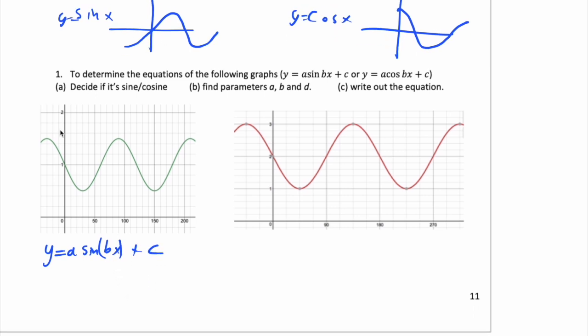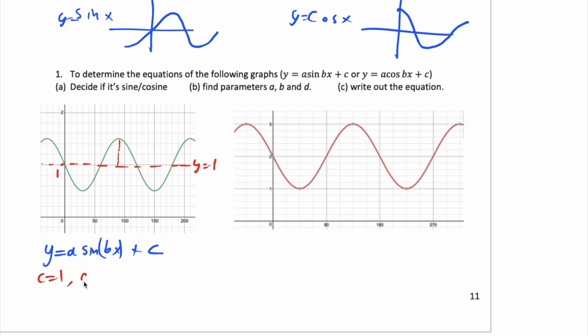So c is the principal axis, which is 1. So c equals 1, because the horizontal line in the middle is 1. The amplitude is the distance from the principal axis to the peak, and this is 1 here, and this is 2, so I guess that's 0.5.